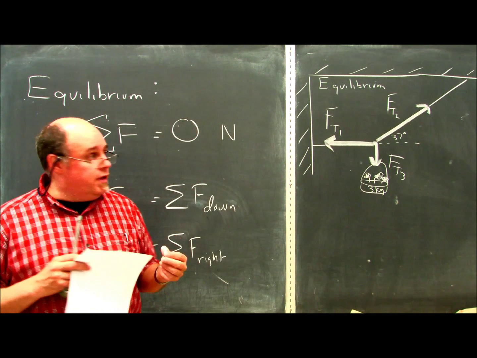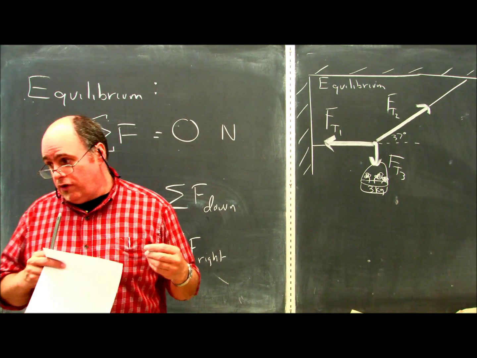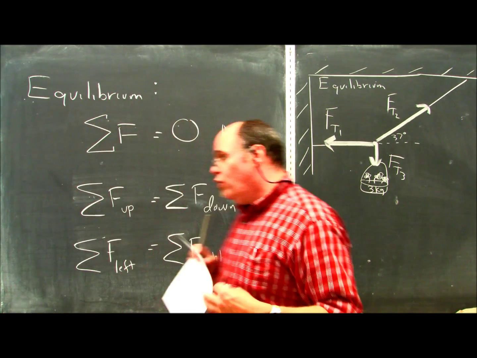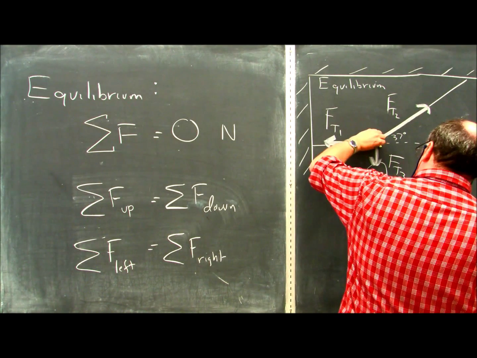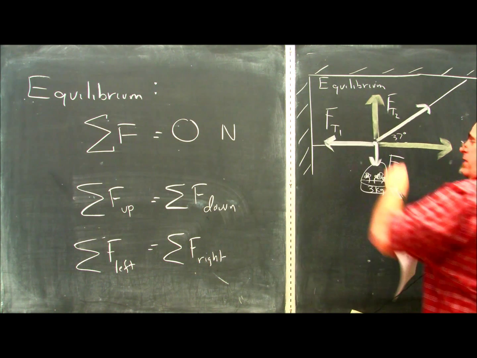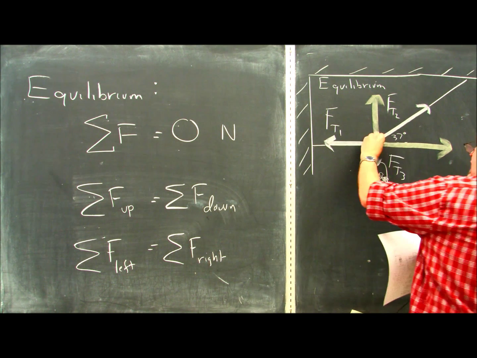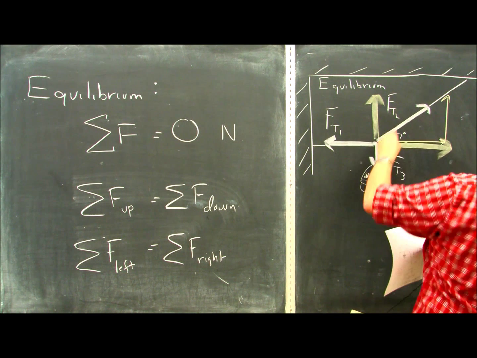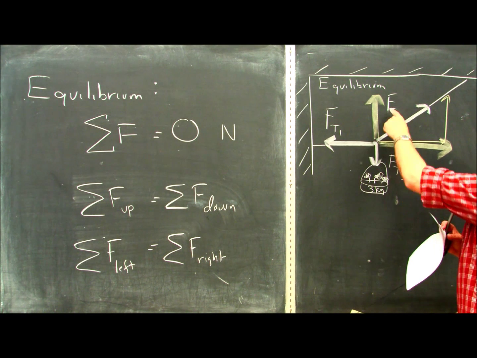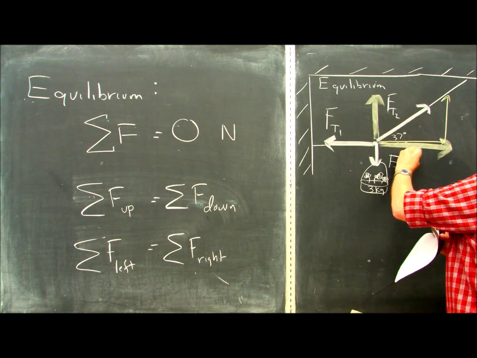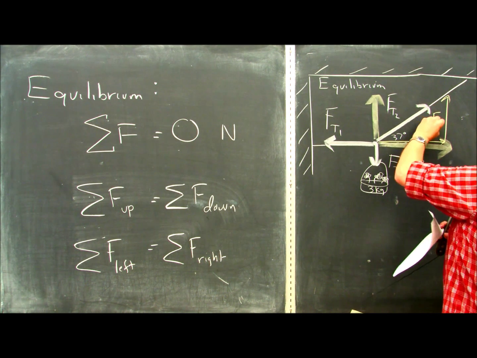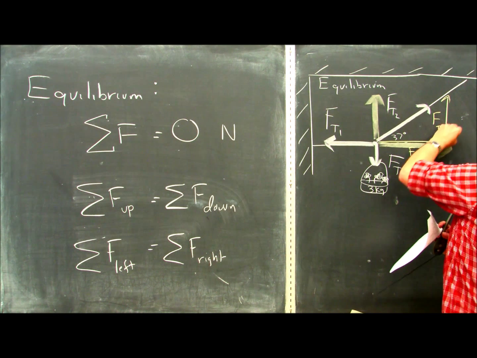So the way we do that is we basically have to look around, and if you can notice, this string over here is pointing in two directions. This string is pointing towards the right, and this string is pointing up to the top of the board. So if I take this component piece here, instead of talking about this string right here, I can talk about the force sub t 2 in the x direction, and I can talk about this as the force sub t 2 in the y direction.